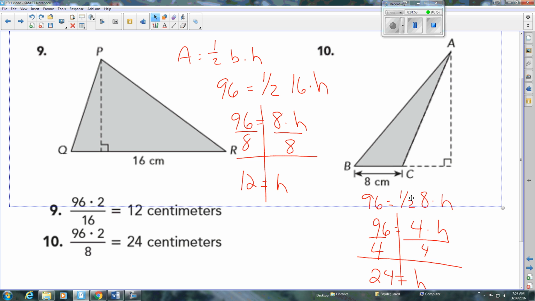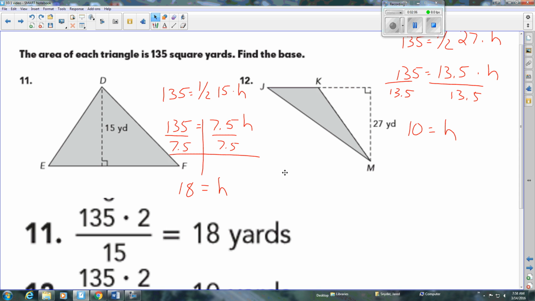The way I did it is 96 equals 1/2 times 8 times the height. Half of 8 is 4. Divide by 4, you get 24. Same thing here, except now we're working with the number 135. Take half of 15, I get 7.5. Divide both sides by 7.5.